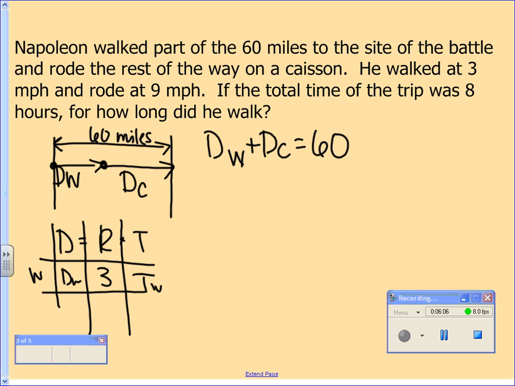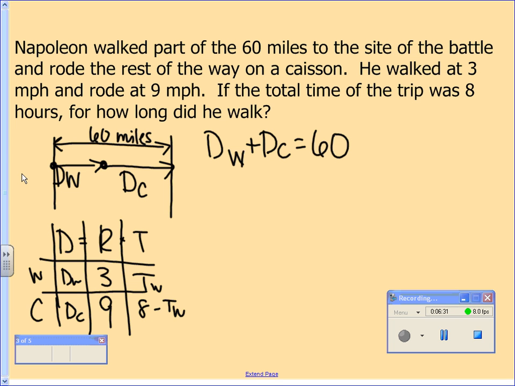That's how long is walking. Time of walking. We don't know. Does that make sense? When he was riding, do we know his distance? It was just DC. What was his rate? And what is his time? They add up to 8, right?